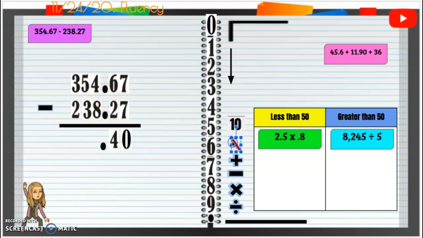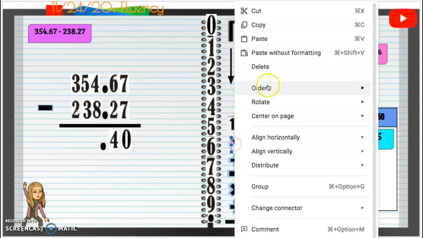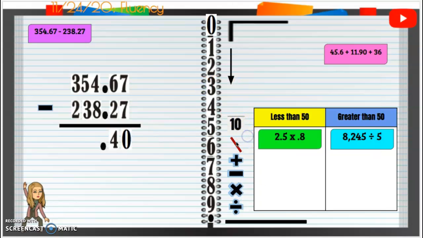I'm going to make sure these are in front of everything. Let's fix that. There we go. So that 5 becomes a 4, to make this 4 a 14. So now we have 14 minus 8.